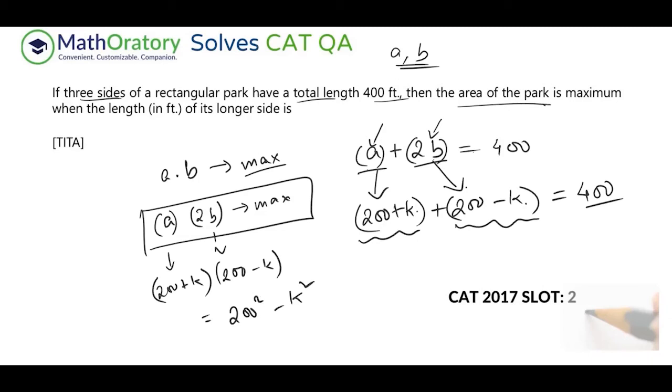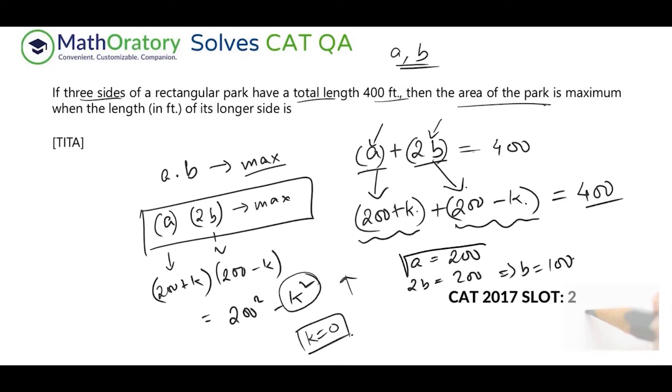Now K is a real number, so K square can never be negative. So in order to maximize this, I have to put K equal to 0. If I put K equal to 0, then A is equal to 200 and 2B is equal to 200. So effectively B is 100. So the dimensions of the rectangle should be 200 cross 100 to maximize the area of the park.